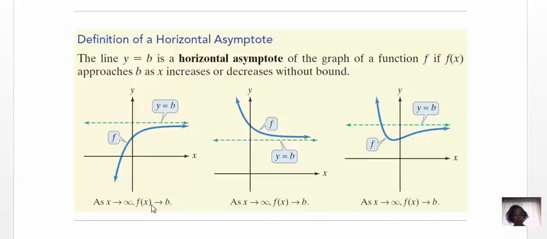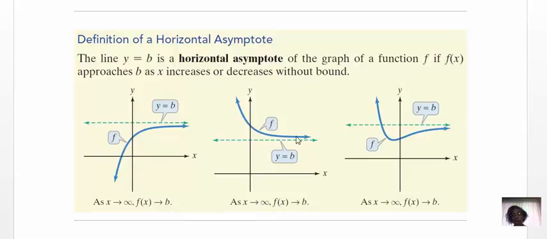So here, y is approaching b from below. These y values are getting closer and closer to b, but they're always slightly smaller than b. Here, the f of x values are approaching b from above. So these y values are always slightly bigger than the value of b as x goes to infinity.